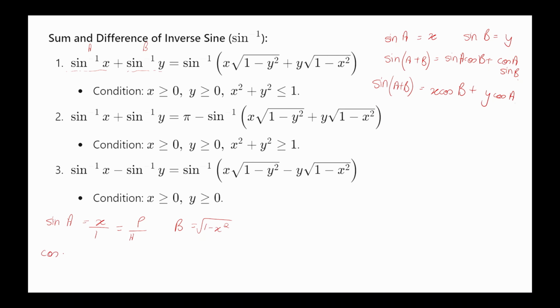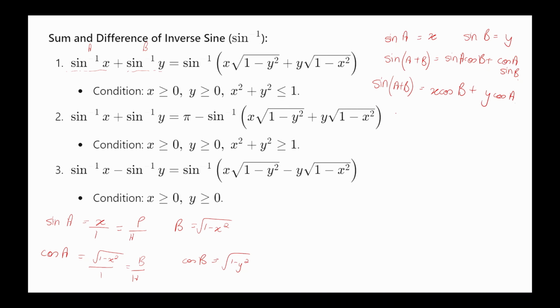So my cos A would become base by hypotenuse, which is root under 1 minus x square by 1. This is how I get my cos A. Similarly, if I need to find my cos B, since my sine B is y, my cos B would become root under 1 minus y square.